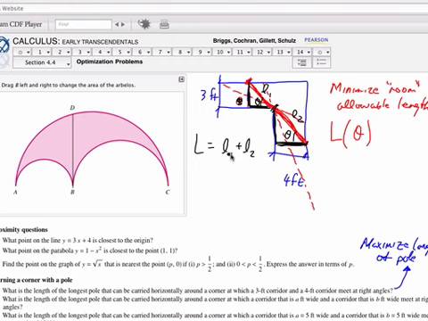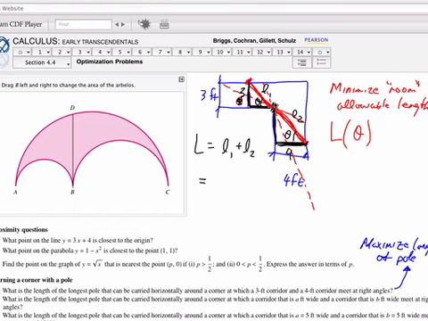Okay, so what is L1 in terms of theta, and what is L2 in terms of theta? Well, we've got this dimension right here. What dimension is this? That's our 3, and this one's 4. So we have a relationship between L1, theta, and 3.